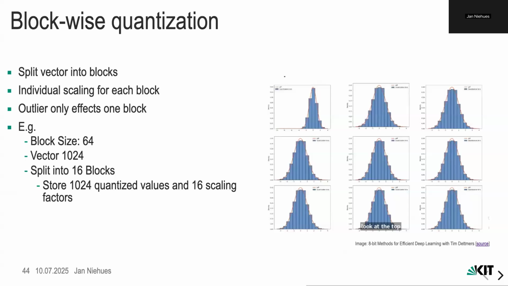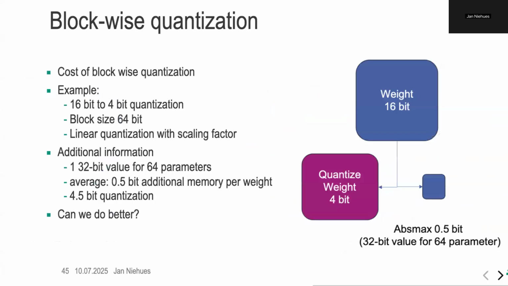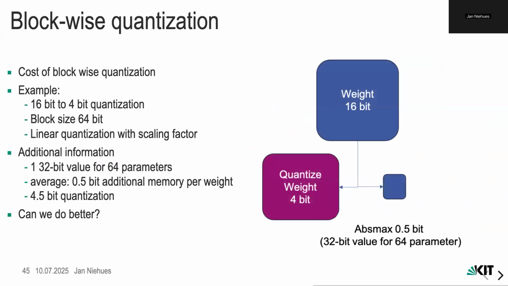So what does that now mean for block-wise quantization? Let's do a bit of calculation. How costly is it that we're doing block-wise quantization and not everything together? Just assume we're going from a 16-bit quantization to a 4-bit quantization. The block size is 64, not 64-bit, sorry.